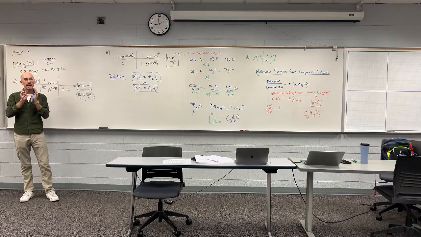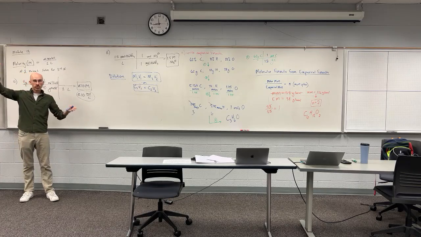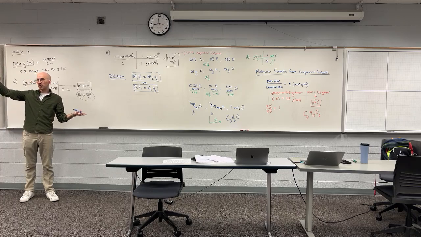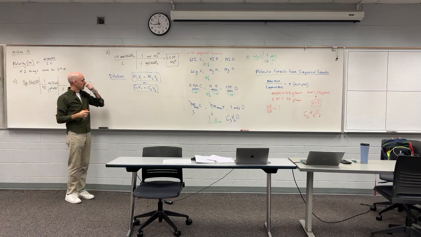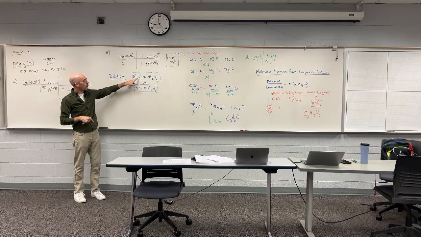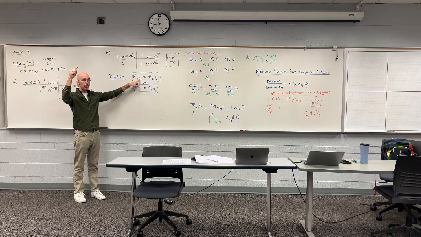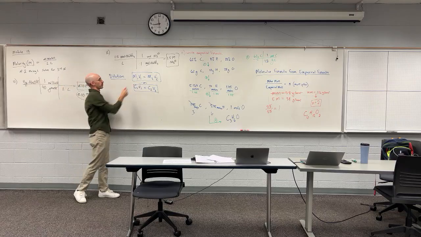Dilution is where you take a specific number of moles and distribute it into a more dilute solution. For instance, M1 times V1, moles over liters times liters, is moles.